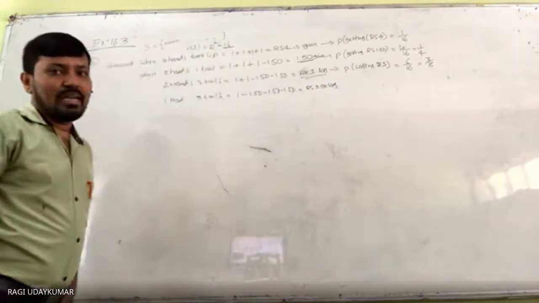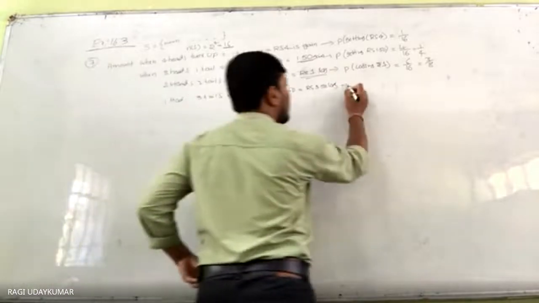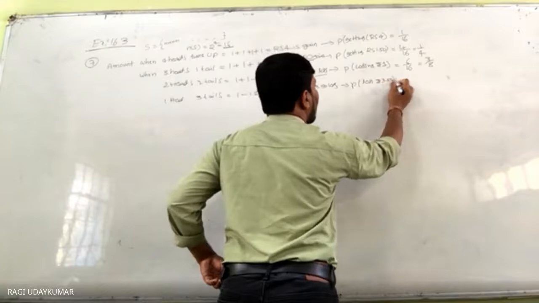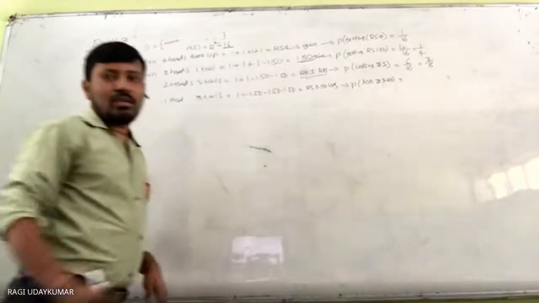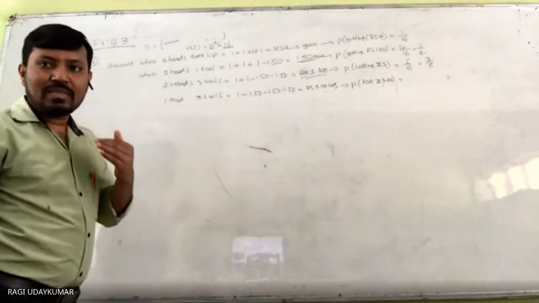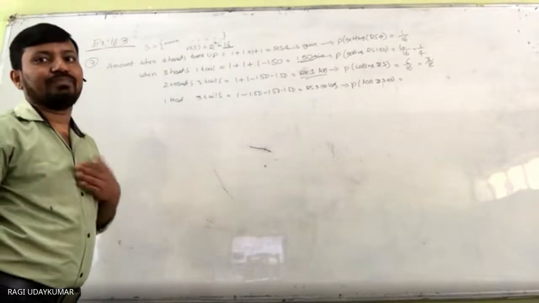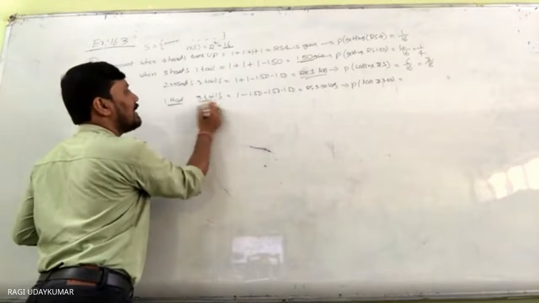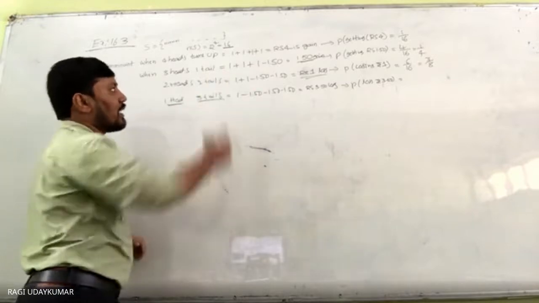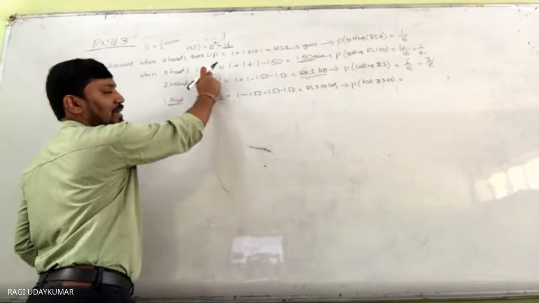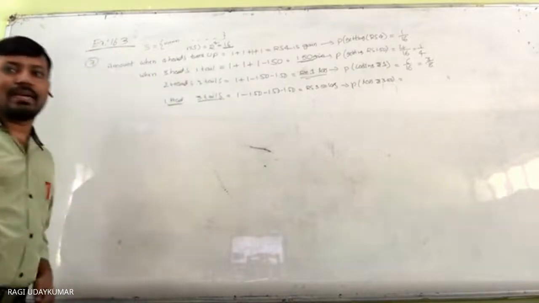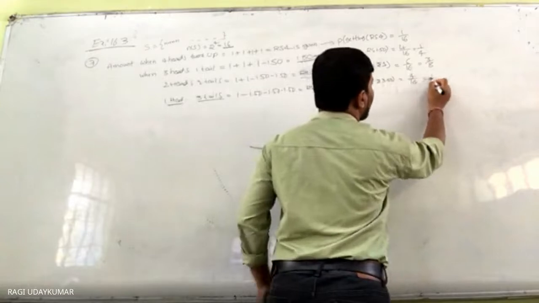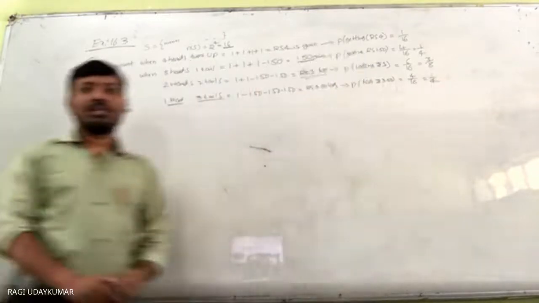So probability of loss of 3 rupees 50 paise is equal to... 3 rupees 50 paise loss होने का probability क्या है? Can you tell? 3 heads 1 tail, this is also like that. 3 heads 1 tail कैसे है, वैसे ही आ जाएगा, 4 times आ जाएगा. So 4 out of 16, which is equal to 1 by 4 probability.